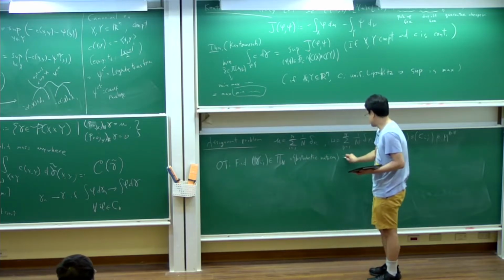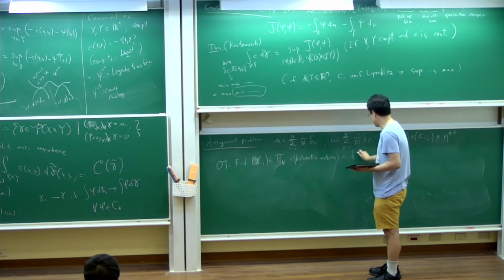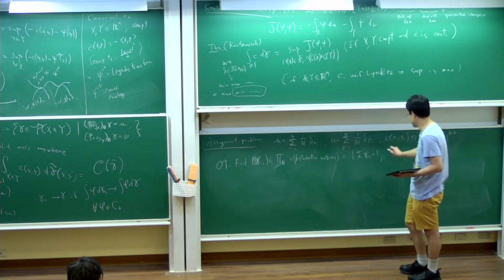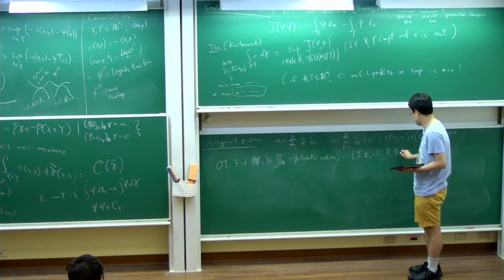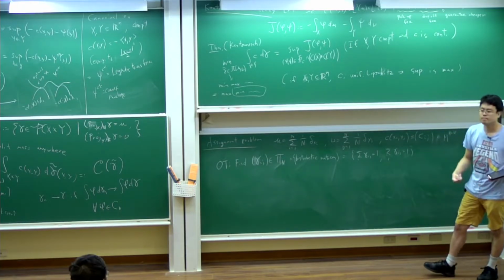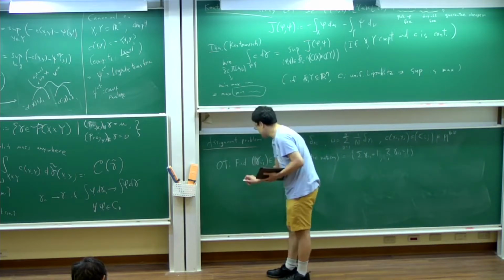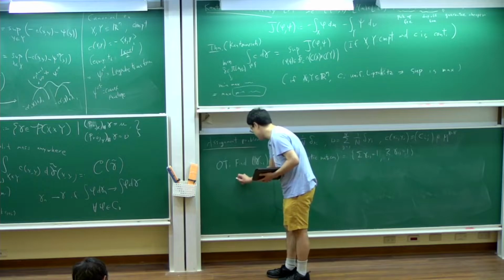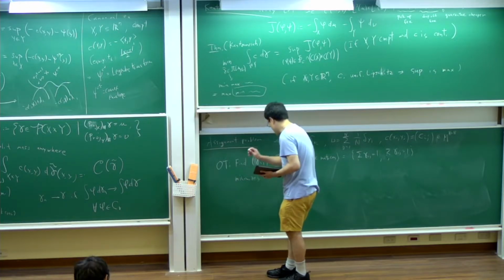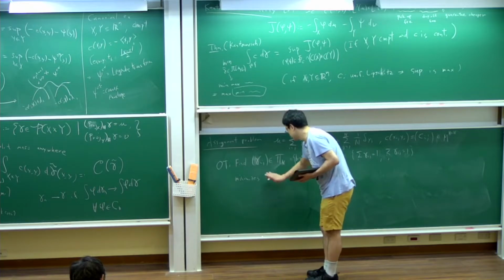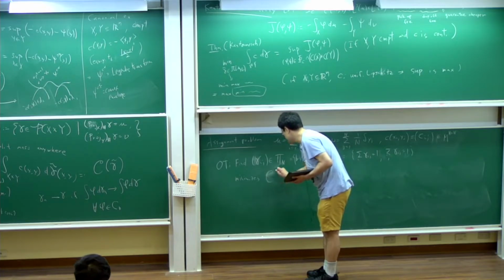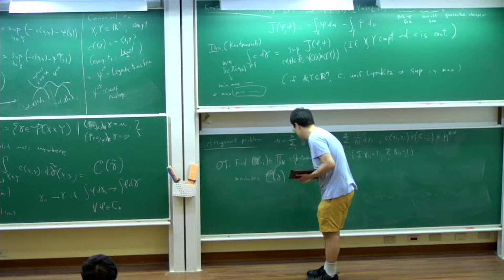In other words, if I sum the rows, there should be 1. If I sum the columns, there should be 1. And I want to find a bistochastic matrix that minimizes the following linear functional, which I'll call C of gamma, again, suggestively.